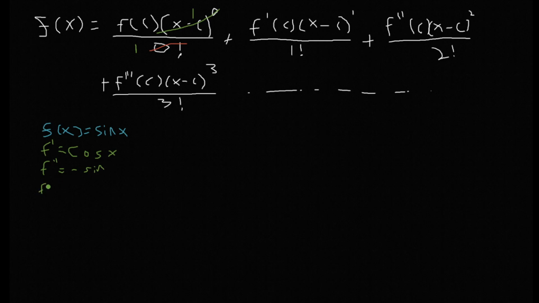The third derivative is negative cosine. And the fourth derivative, that's the notation for the fourth derivative, by the way, is back to regular sine, just positive sine.